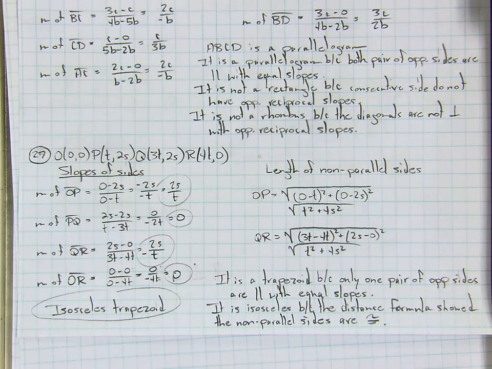They came out to be the same, so it's isosceles. It's an isosceles trapezoid. It's a trapezoid because only one pair of opposite sides are parallel with equal slopes. It's isosceles because the distance formula shows the non-parallel sides are congruent.